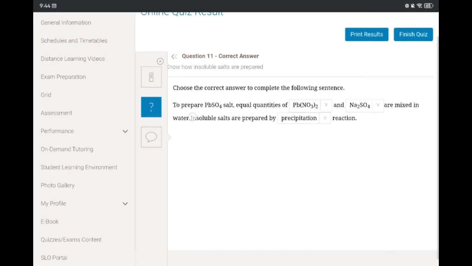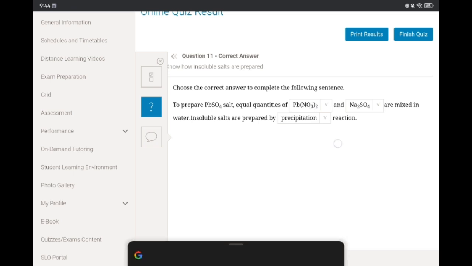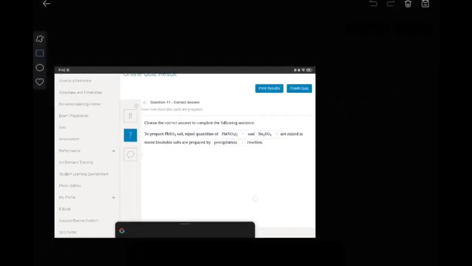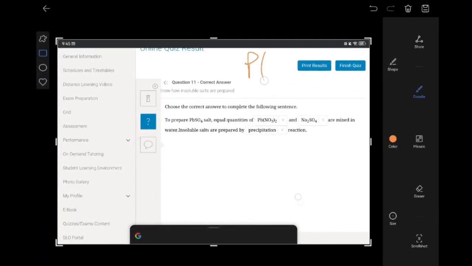To prepare PbSO4, equal quantities. Look, I can't open all of the options, but I remember one of them. I remember this one, it was PbCl and also PbCl2, Pb(OH)2. Again, you always have to remember what's soluble with what you have. These rules, we took them before.